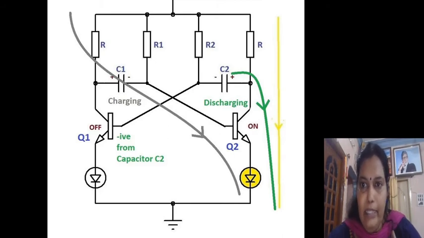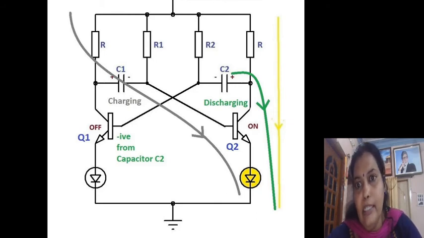As in the previous state, when the capacitor C2 discharges completely, it starts charging in the opposite direction through R2. When the voltage across the capacitor C2 is sufficient to turn the transistor Q1 on, Q1 will turn on and capacitor C1 starts discharging. This process continuously produces rectangular waves at the collector of each transistor.